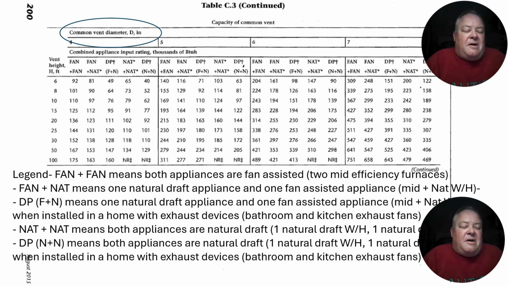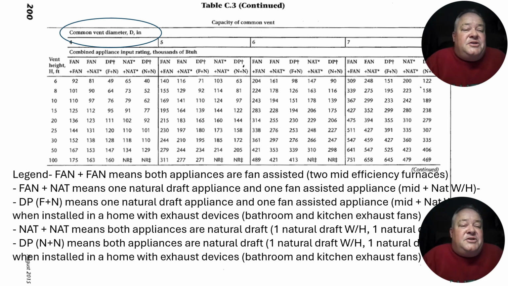The next one says a fan-assisted appliance plus a natural draft appliance. Again, you pick the appropriate vent height, and that's going to tell you the capacity. So if we have a 30-foot vent height and we pick the fan plus natural, it looks like we have 153,000 BTUs. Sorry, nope, my bad. 138,000 BTUs capacity at the 30-foot vent height.